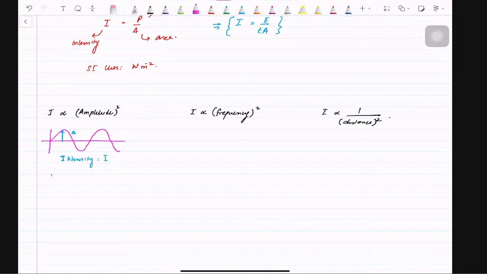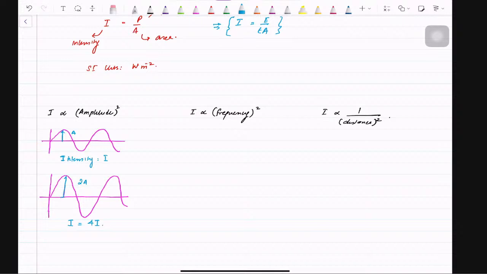Now if somehow we double the amplitude, keep the frequency the same, now this one has 2A amplitude, and because intensity is proportional to amplitude square, we can say intensity will be increased to 4 times. Alright, understood? Yes.